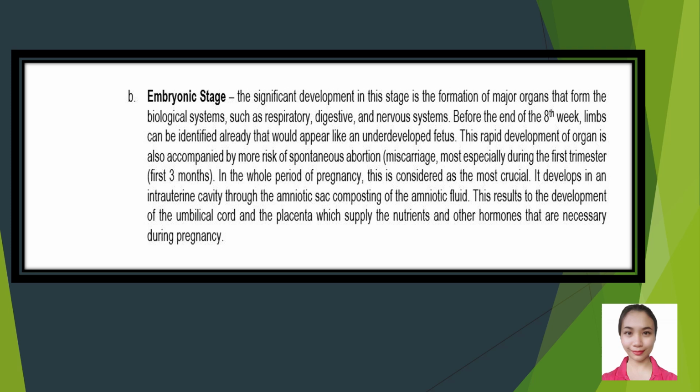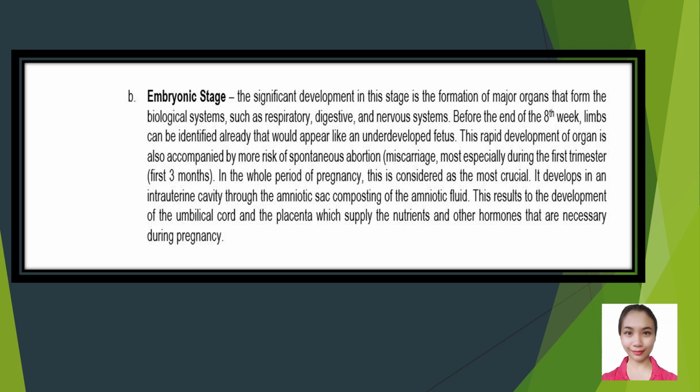It develops in an intrauterine cavity through the amniotic sac composing of the amniotic fluid. So this results to the development of the umbilical cord and the placenta, which supply the nutrients and other hormones that are necessary during pregnancy.